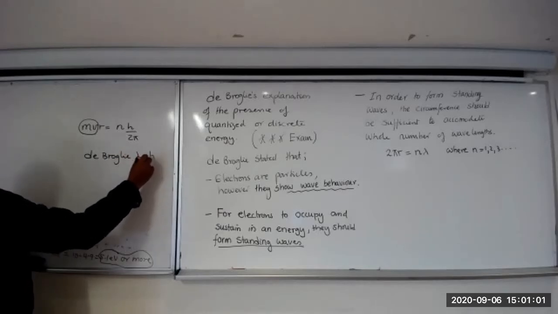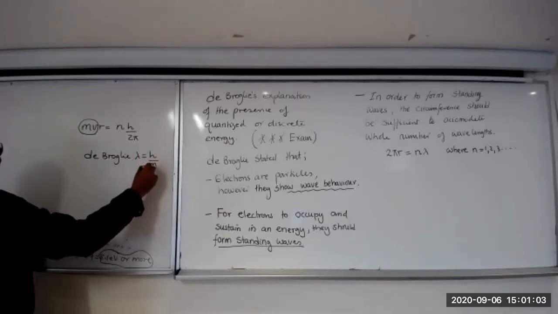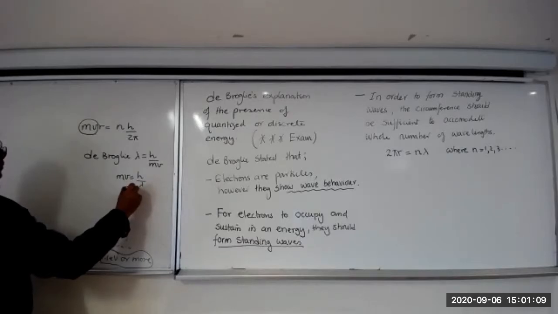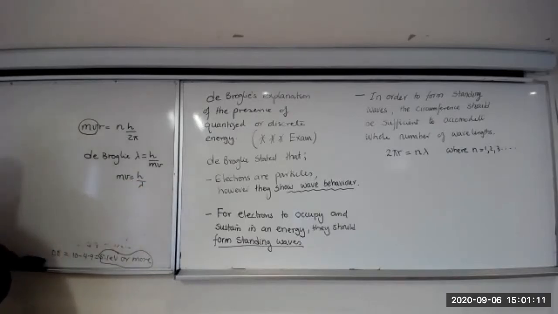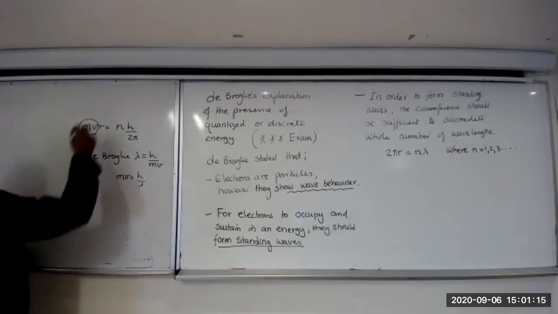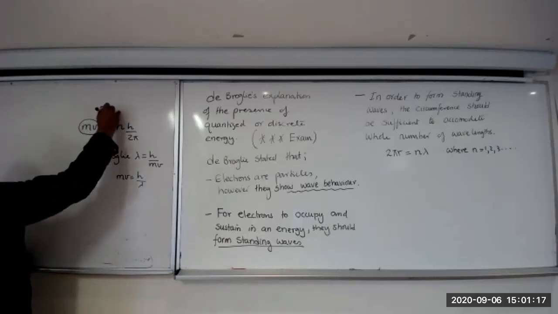lambda equals h on mv, I can say mv equals h on lambda. So if I replace that, this is coming from the Bohr model, okay? This is nothing to do with de Broglie, this is the Bohr model.